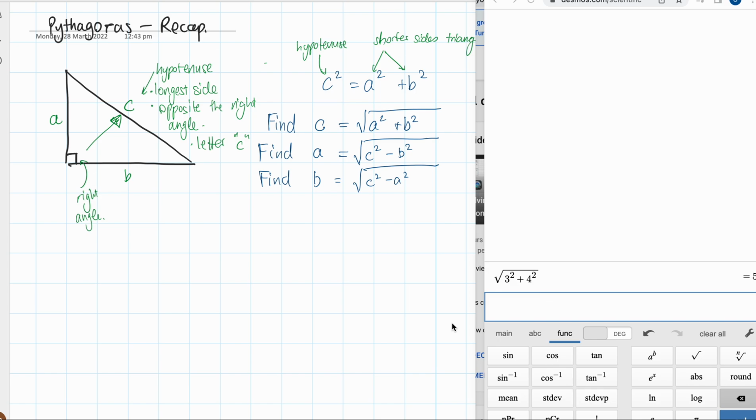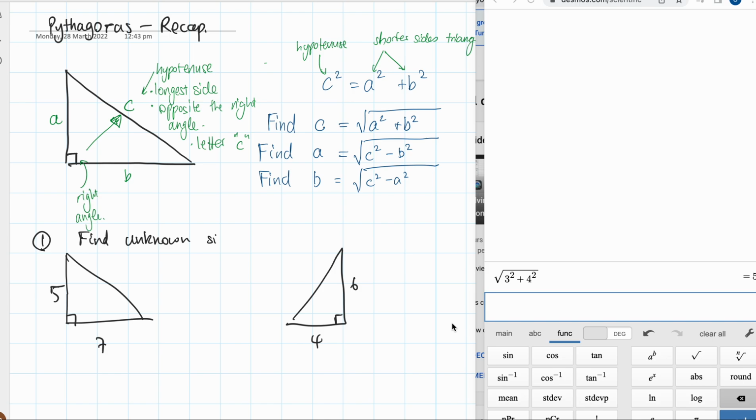Now, we're going to just go through some examples. Hopefully a nice little recap on how to do that. So here we go. We're going to go through a few examples. Excuse the triangles, they're a bit dodgy. So, first example, we want to find the unknown side.